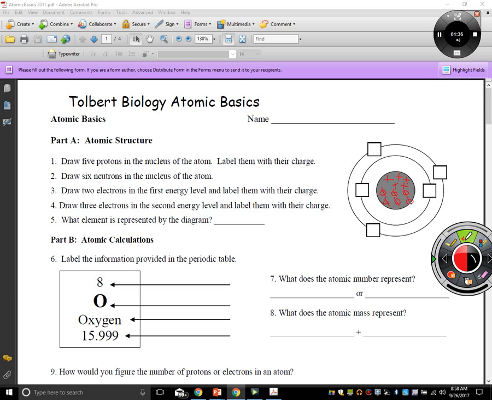Then we're going to do the next things, which is 2 electrons on the first energy level. Boom. And 3 on the outside. There they are. The element represented in this particular one is called boron.